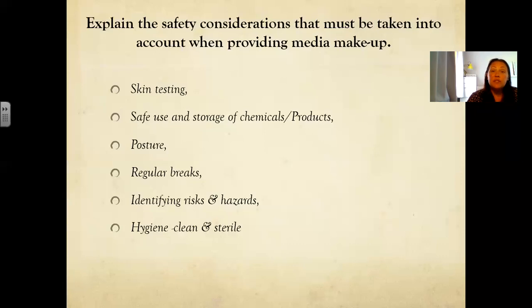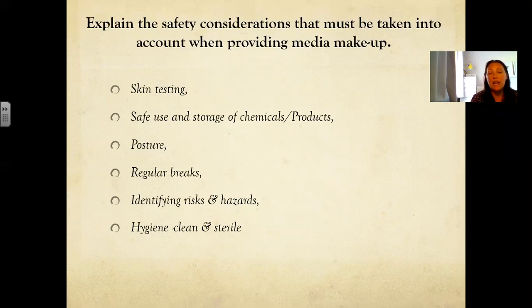The safe use and storage of chemicals and products. So going back to COSH, okay, making sure that all products or chemicals are labelled, making sure that they're stored in a lockable, flammable cupboard as well, and making sure that whenever you use any of these products that have a flammable or a chemical symbol on them, they have their lids put back on, and that you read the manufacturer's instructions as well.